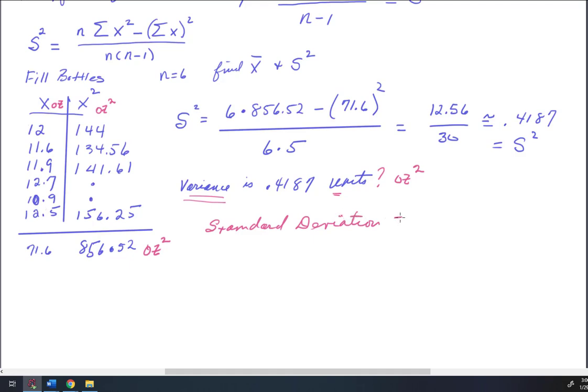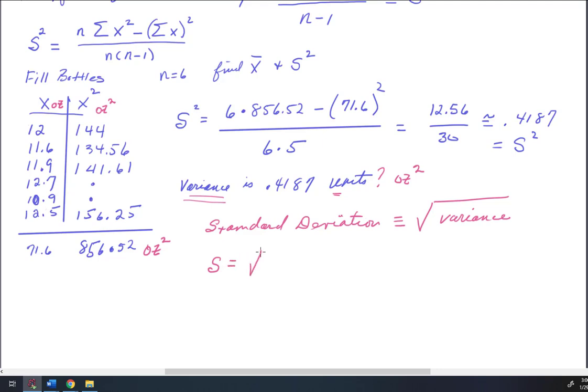And the standard deviation is just the square root of the variance. So usually we're going to be talking about the standard deviation, but we have to find the variance first.